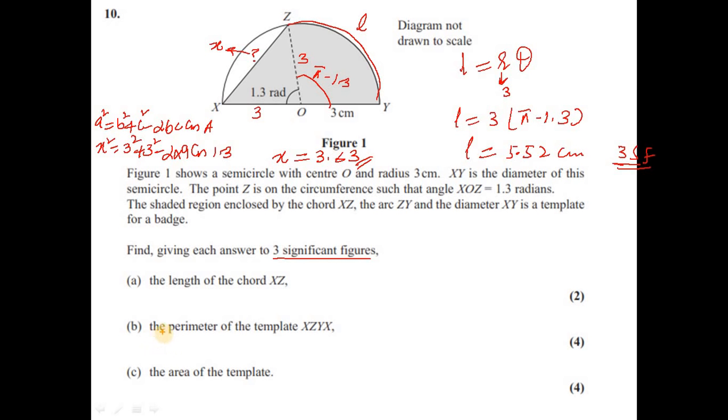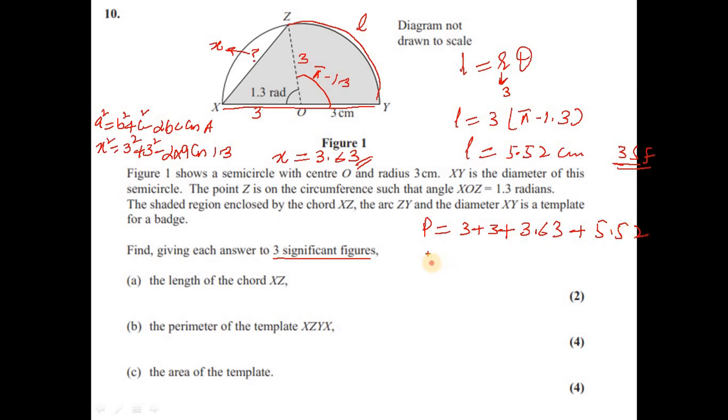That means the perimeter P is equal to 3 plus 3, this length, plus XZ, which is 3.63, plus the arc length 5.52.